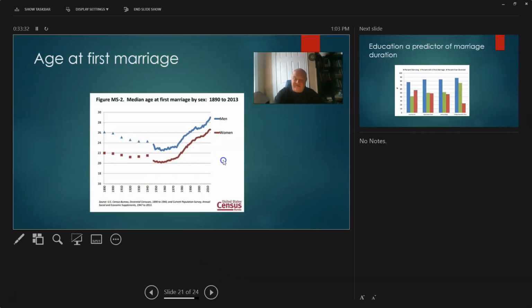The median age at first marriage is a great predictor of marriage stability and longevity, okay? And we see here from about 1890 to 2013 that men and women are getting married later in life.